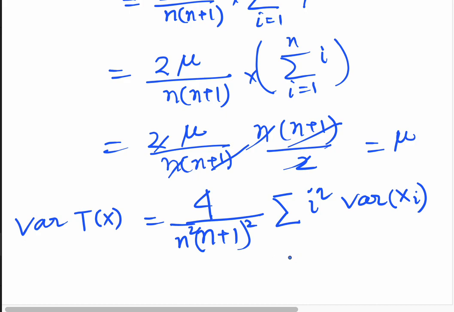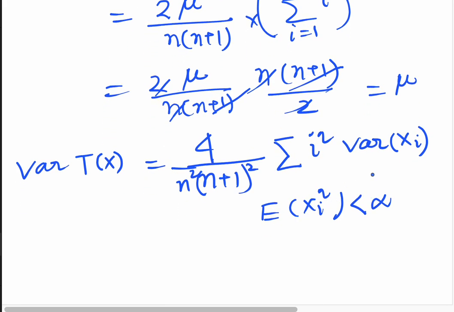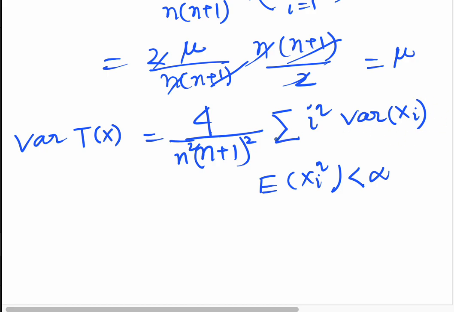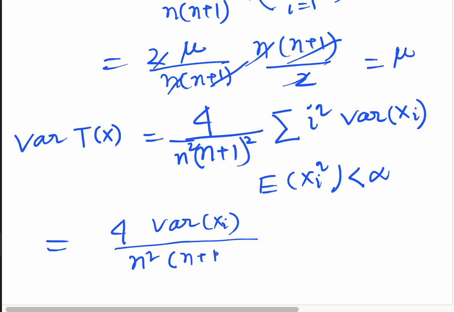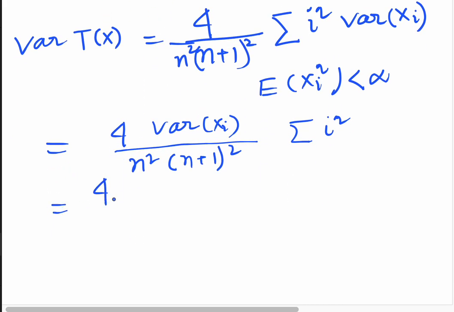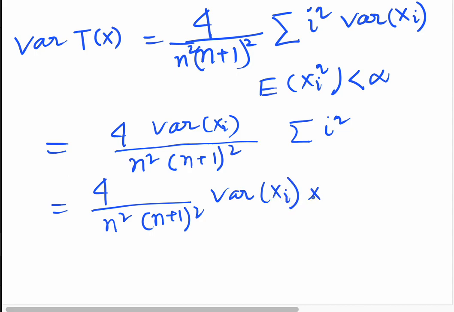Since the expectation of Xi square is a finite number, the variance of Xi will also be a finite number, and since the variance of Xi is the same for all i's, we can take it out. So this is 4 by n plus 1 whole square times the variance of Xi times the summation of i square, and the sum of the squares of the natural numbers is n into n plus 1 into 2n plus 1 by 6.